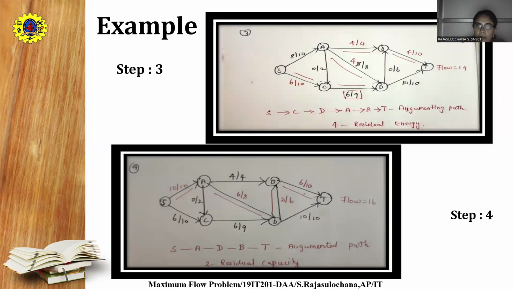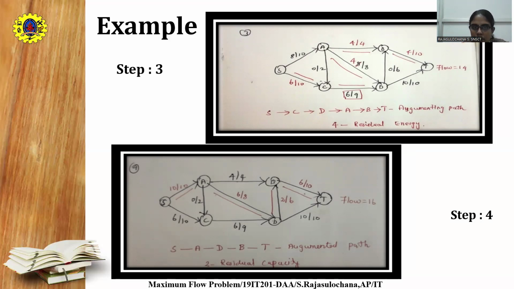Now I'm choosing the augmenting path S, A, D, B, T. So from S to A, initially the flow was 8. So the remaining capacity is 2. From A to D, we have 4. Only 4 forward flow is completed. So remaining flow is 4. Again from D to B, it is 4. And from B to T, it is 6.